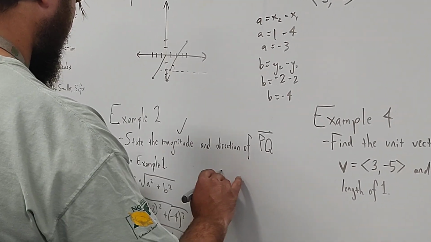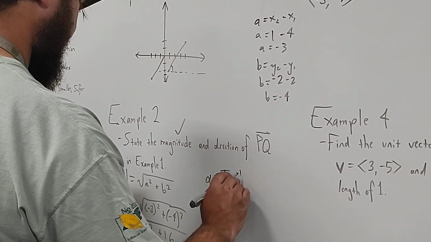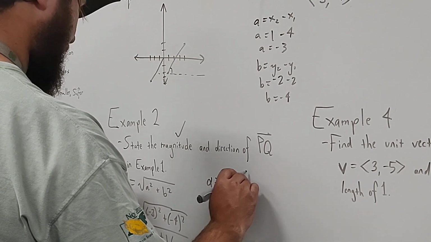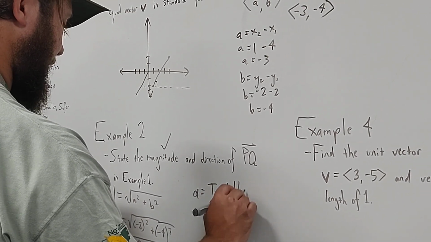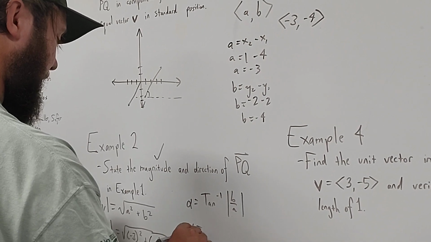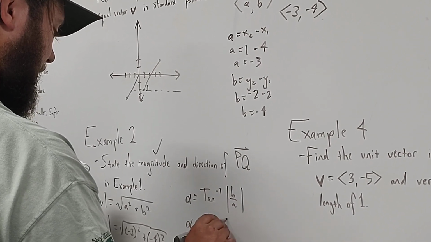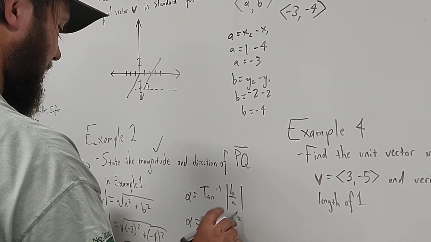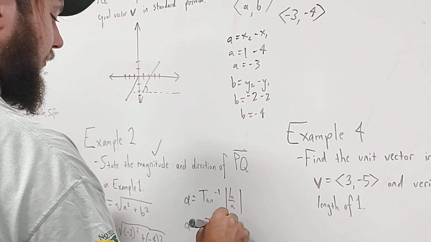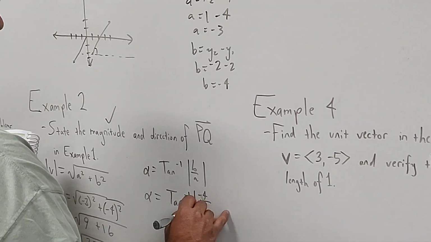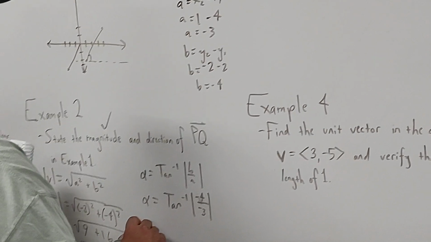And alpha is going to equal arctangent of the absolute value of b over a. So we plug this in. B is negative 4, a is negative 3.